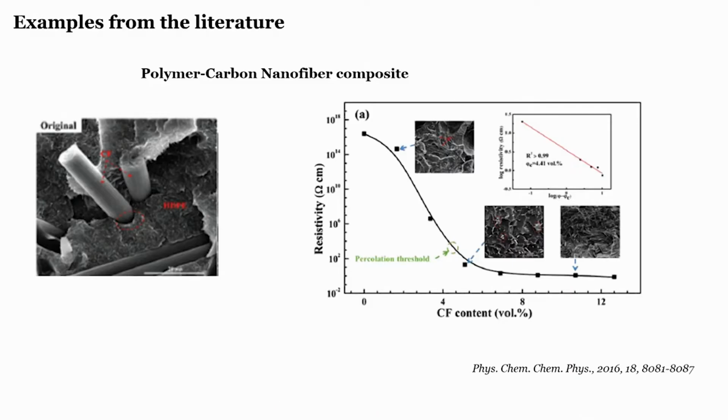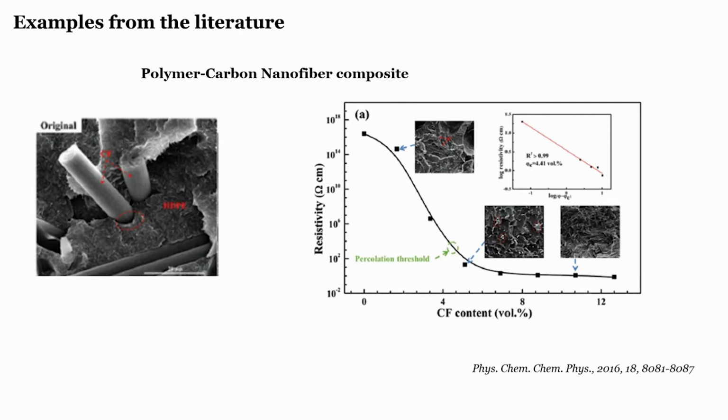Then we saw how these theories can be applied to a real life system, and that's why we took examples from the literature. The first example we took was a polymer carbon nanofiber composite.